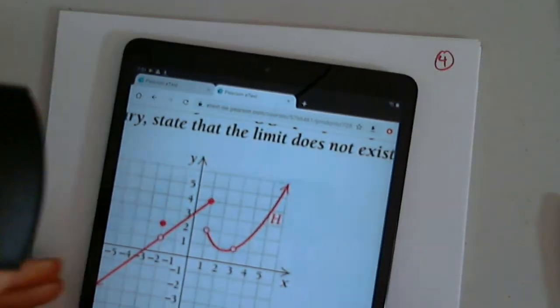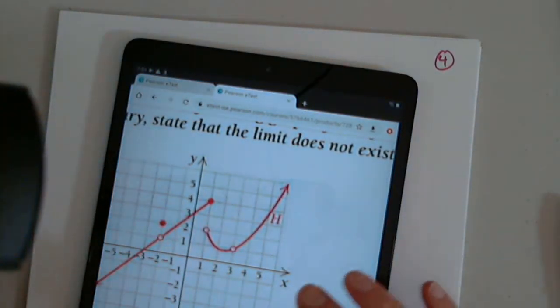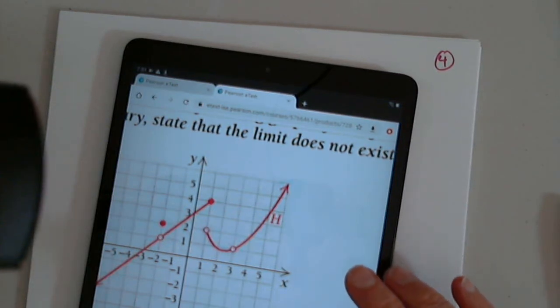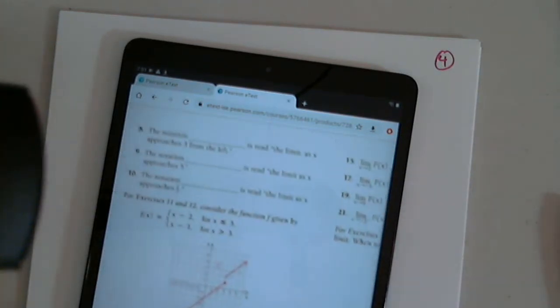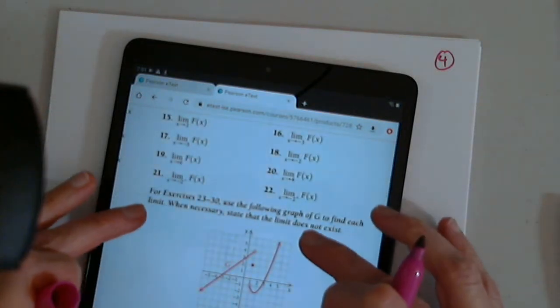Can you do 23? Which one? 23. Very good. Okay, I'm sure you're looking at the graph of 23. So we have the graph. It's right above here, but my tablet is asleep. Okay, got it. So here it is.